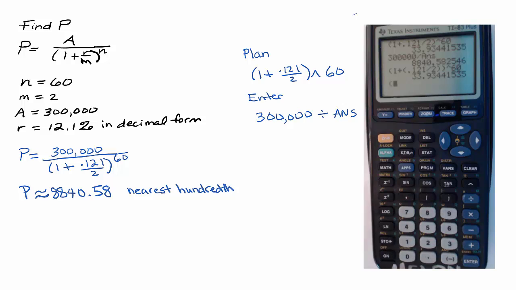One thing you need to be careful though is that if you enter more than one set of parentheses, you must close them each. So for example, if I were to put that extra set of parentheses in but forget the second closed parenthesis and raise it to the 60th power, it's only going to raise the 0.121 over 2 to the 60th power and give us an incorrect solution.